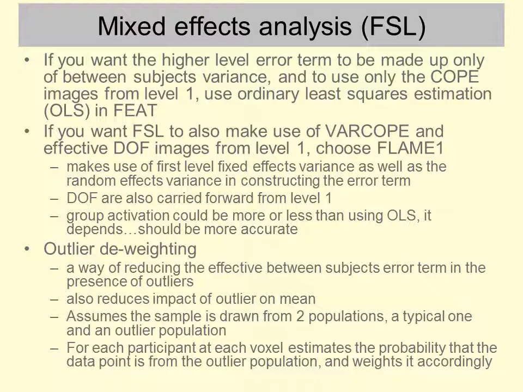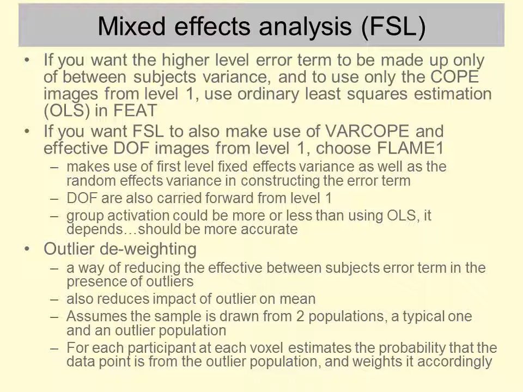Another option provided in FEAT is something called outlier deweighting. This is a way of reducing further the between participant error term when some of the participants are a bit different from the others, or what you might call outliers. As well as reducing the size of the error term, it reduces the impact of those outliers on the mean, so they have less weighting than the cases that seem to be more typical in determining the mean.